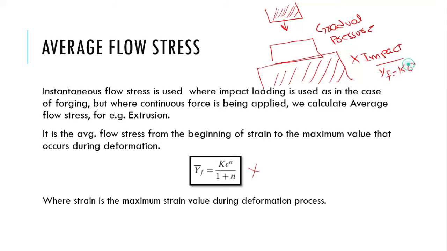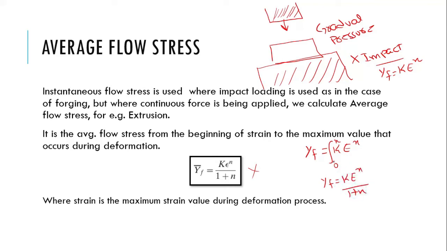instantaneous stress. So we have the original flow stress, YF equals strength coefficient into the strain exponent. We have integrated this from zero strain hardening to the maximum strain hardening, so we got YF average equals K times strain to the power n, divided by 1 plus n.